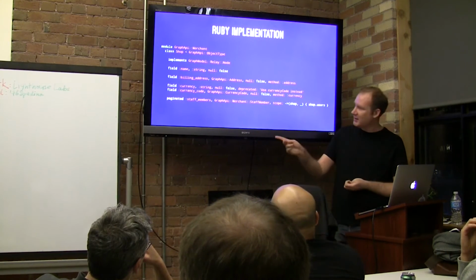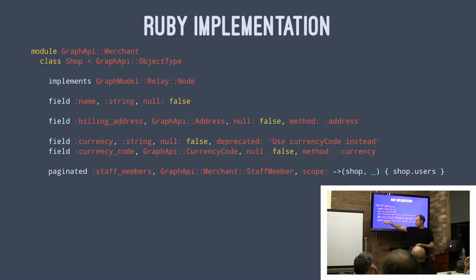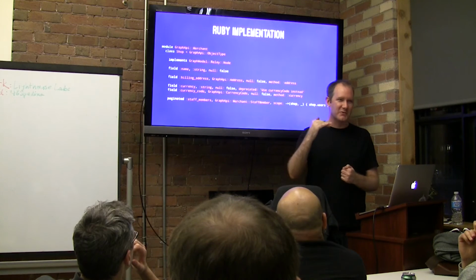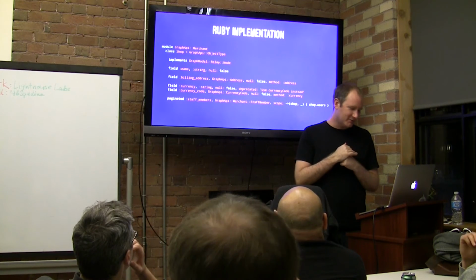Oh, and the last thing is we can actually say which fields here have to be paginated. The idea being that we don't ever want clients asking for fields that could have millions of rows. So we learned the hard way with REST that we can't do that anymore at our size. Anything that we think might only have a maximum of 100 never has a maximum of 100. Like we thought a product would only have 1,000 variants, and that was super wrong.